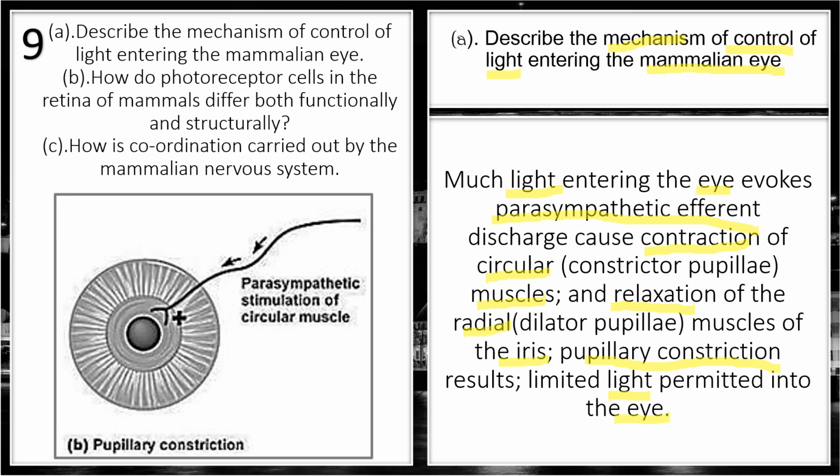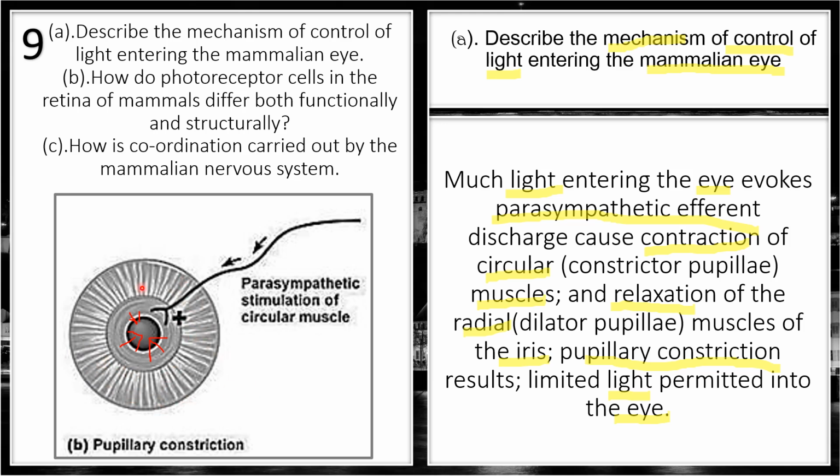So what is happening is that the circular muscles are going to contract, and when they contract, they move towards the pupil, and when they move towards the pupil, that means that the radial muscles have to relax.